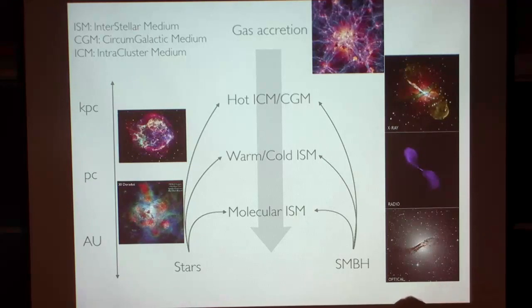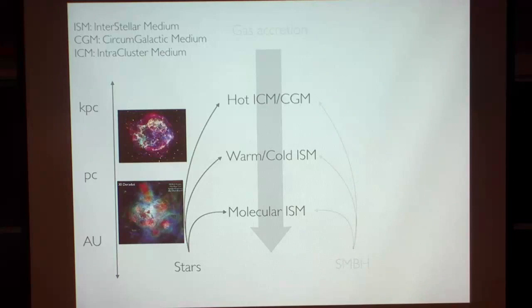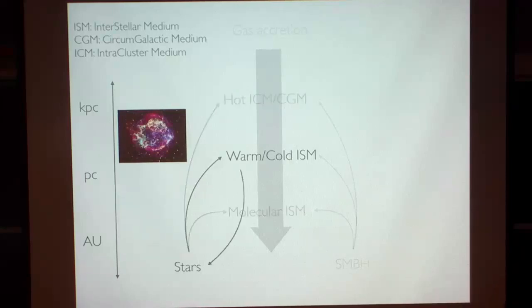So my interest actually mainly focuses on this part of the process, and I will mainly cover the effect of the star formation feedback to the larger scale tomorrow. But today, I only want to talk about this cycle of star formation and the feedback within this galactic scale interstellar medium.